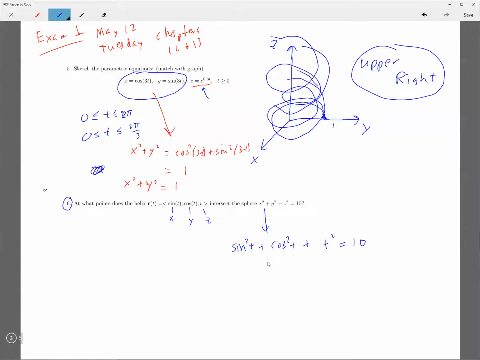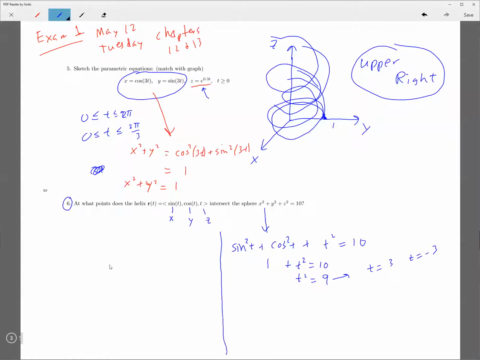And of course, sine squared plus cosine squared is 1, which we just discussed already. And whoa, t squared is 9, which means that you get t equals 3 and -3.